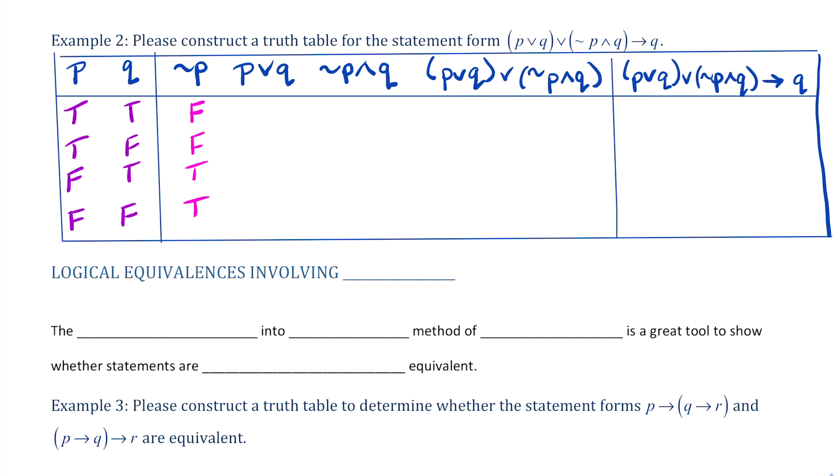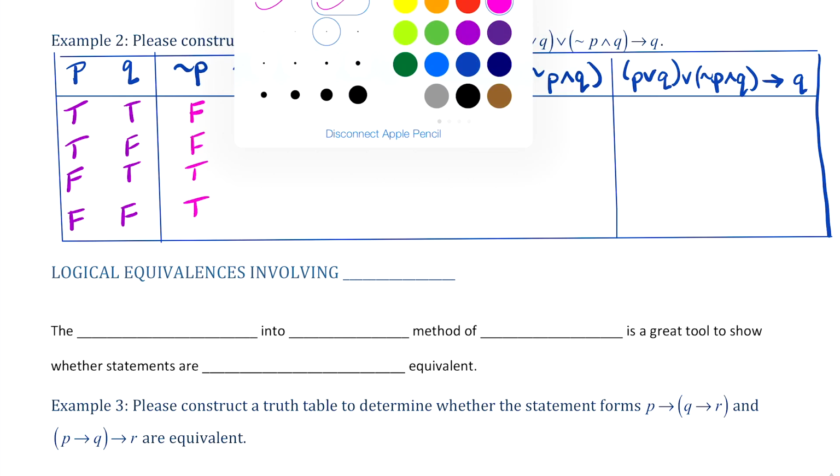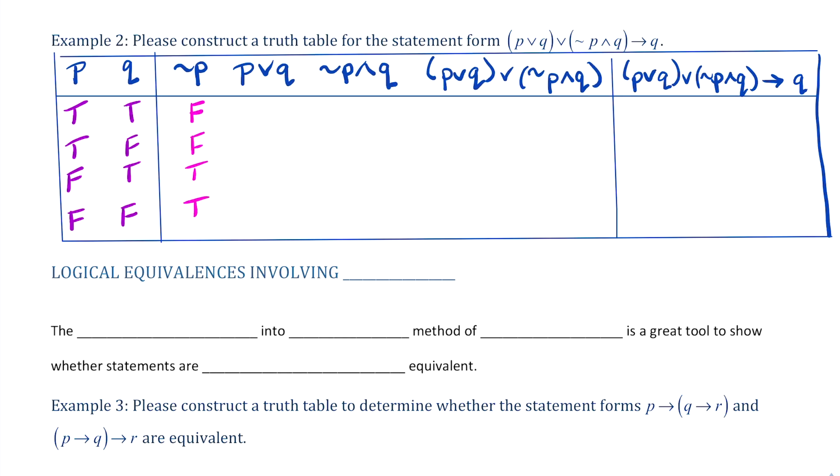Now, P or Q, remember that the only way that this is false is when both of them are false, right? So we're doing this comparison over here to look at over here.